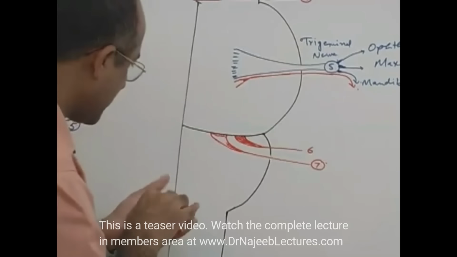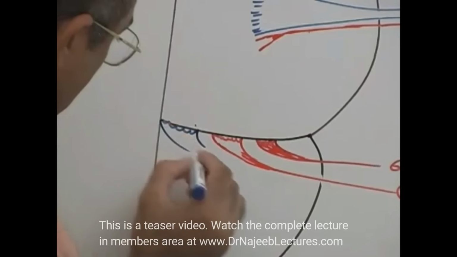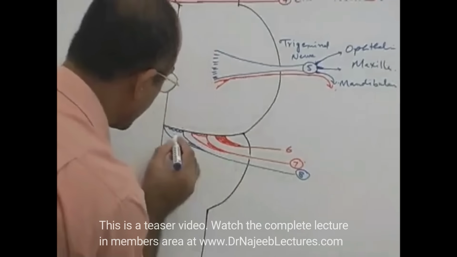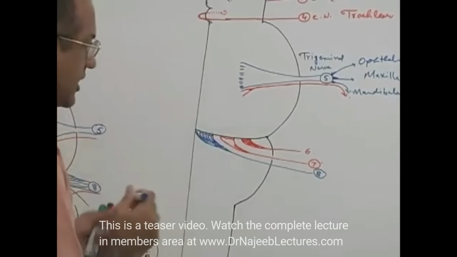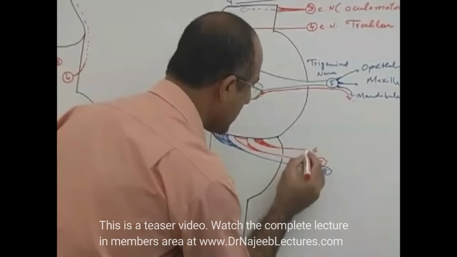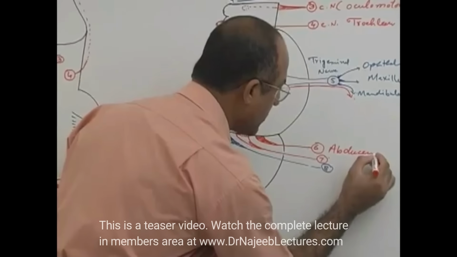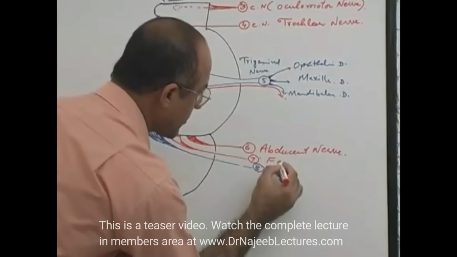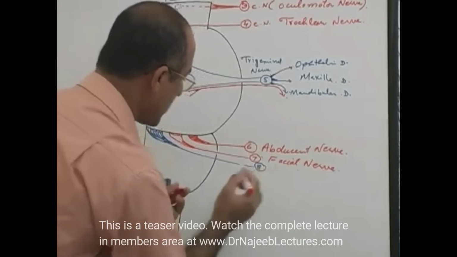And from here, which nerve is coming out? 8th. Is there any problem up to this? What is the name of the 6th? Abducent nerve. Right? What is the 7th? Facial nerve. And what is the 8th?